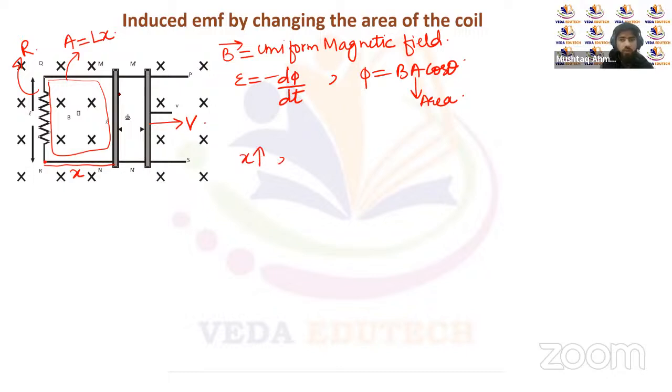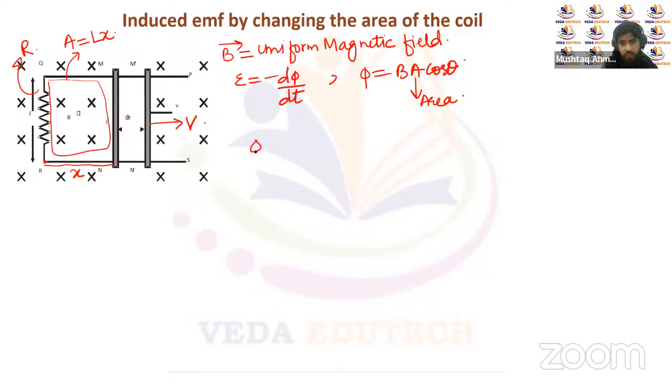The length of this rod is constant, so the area of this coil increases. If the area of this coil changes, it means that the flux linked with this coil will change. If the flux linked with this coil changes, then the EMF will definitely be induced in this circuit. That EMF we have to calculate.